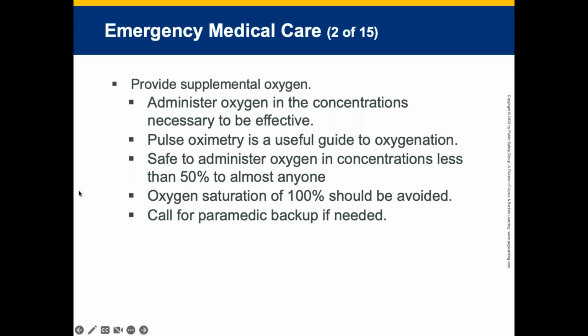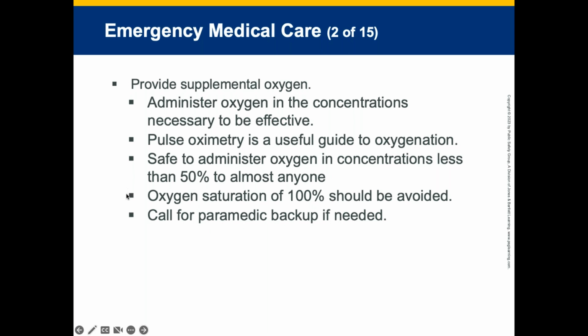So one of the things I need you guys to memorize, and this is very, very important, is not just liters per minute of oxygen, but percentage based on what you're administering. So I'm going to give you guys some numbers, okay? That's very important.